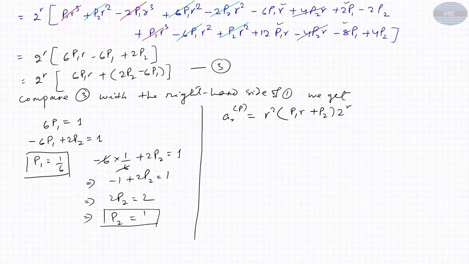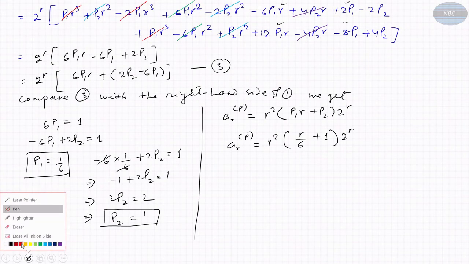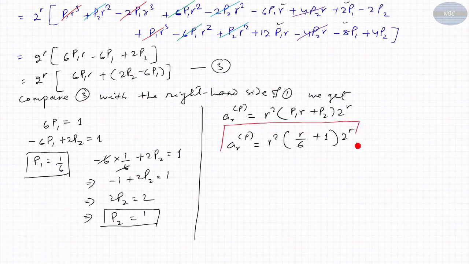Put the values of p1 and p2, so we'll get r square plus r by 6 plus 1, since the value of p1 is 1 by 6 and the value of p2 is 1. So this is the particular solution for the recurrence.